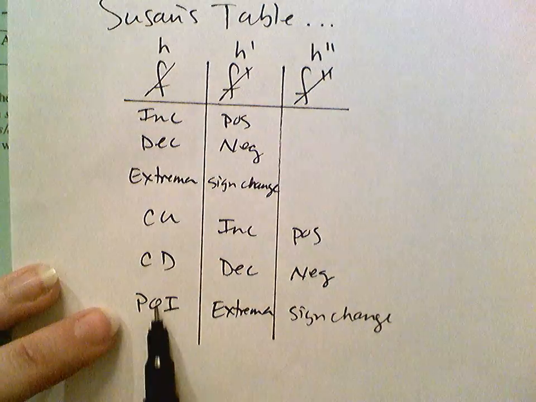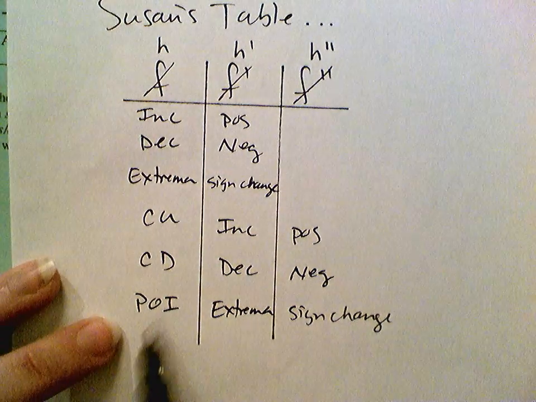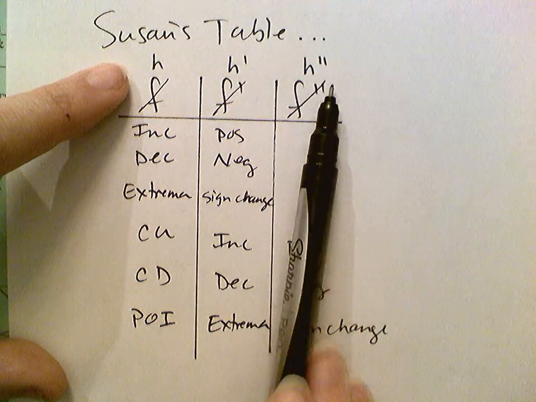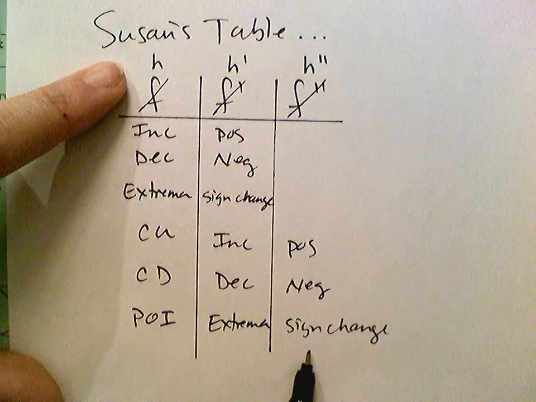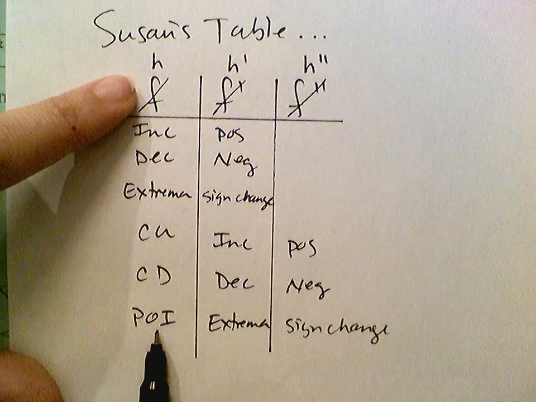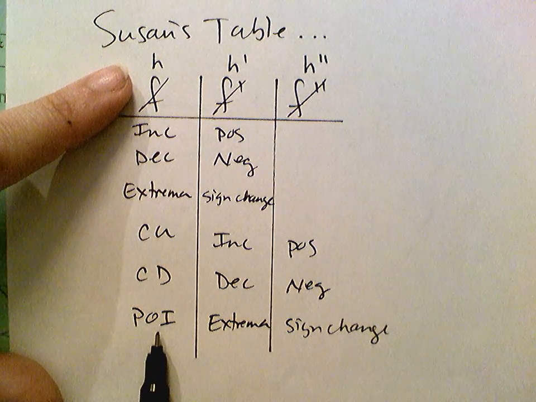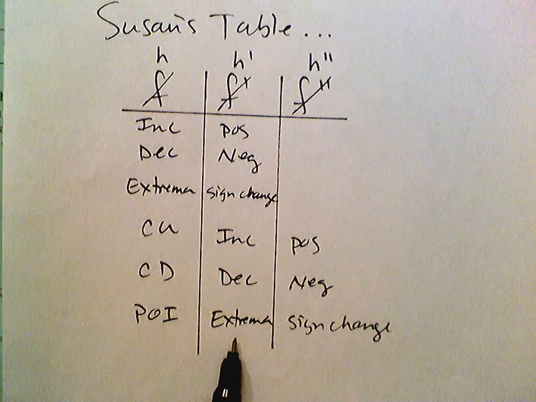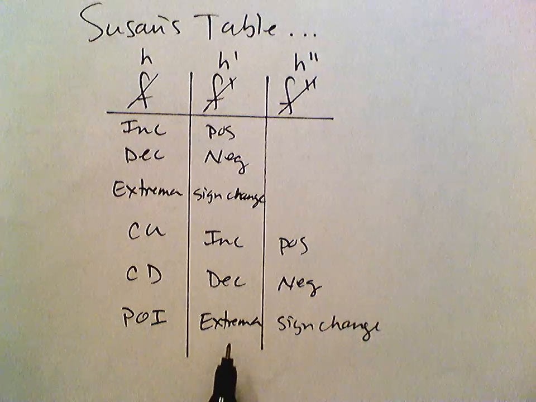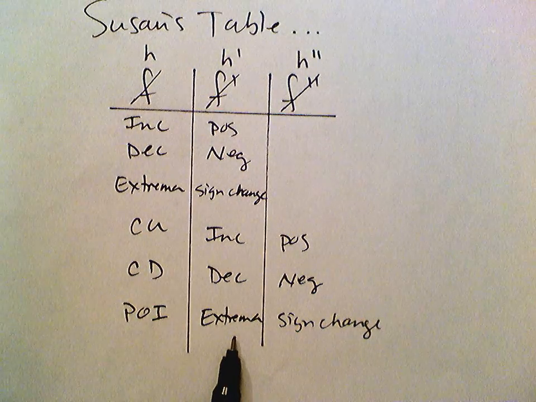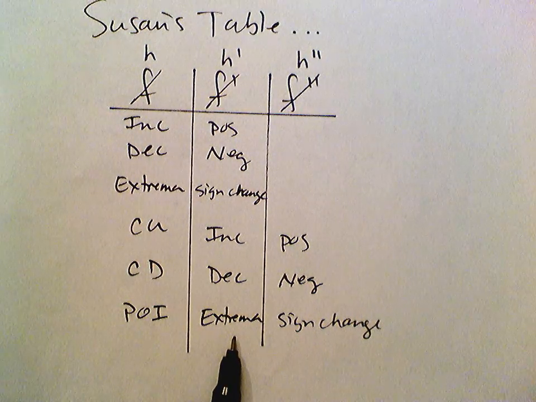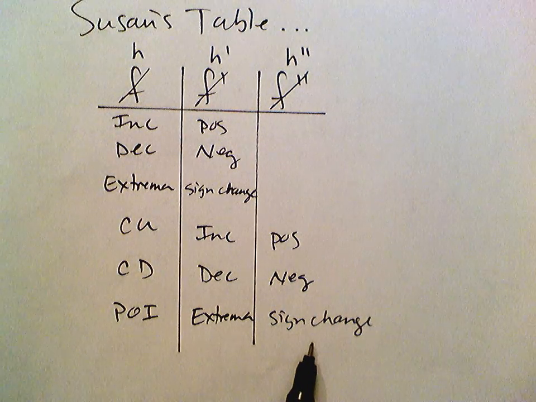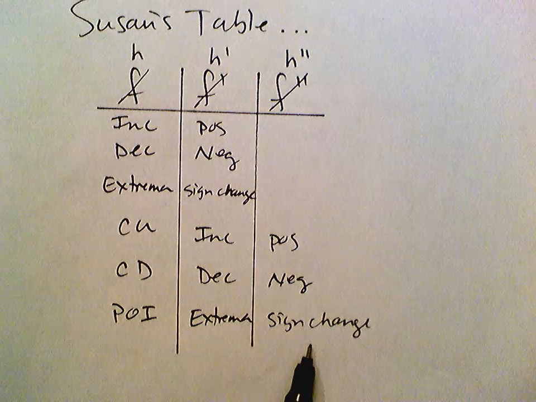So this point of inflection, if you've got a function and its first derivative and its second derivative, and you look down here at this last row, a point of inflection in the original graph, the x-coordinate of that point of inflection should be the same as the x-coordinate of an extrema in its first derivative, and the x-coordinate of a 0 in its second derivative.